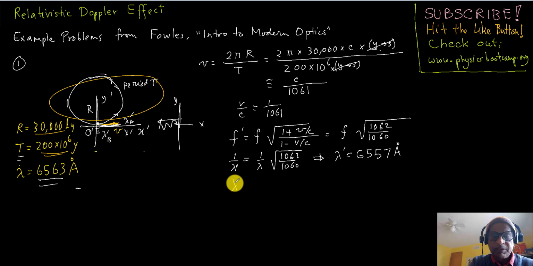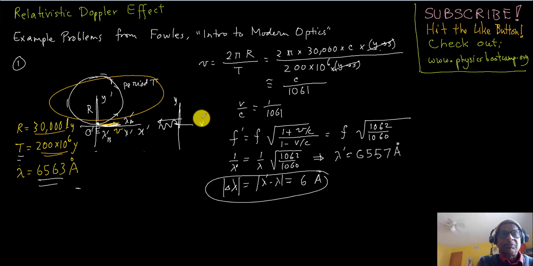So delta lambda is about 6 angstrom. That's the answer for this situation.